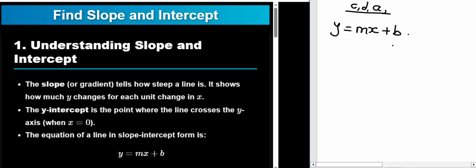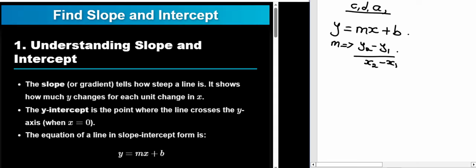So, in this equation, m represents the gradient of this line, which is given by the change in y over change in x. If you don't know what is change in y over change in x, you can go and review lesson 2 and lesson 1.